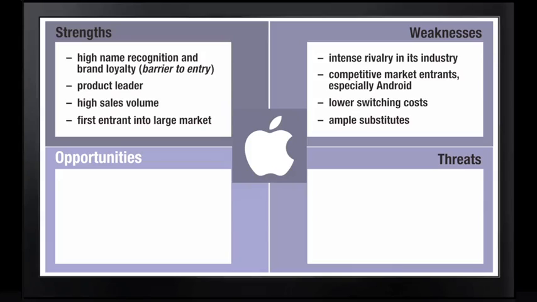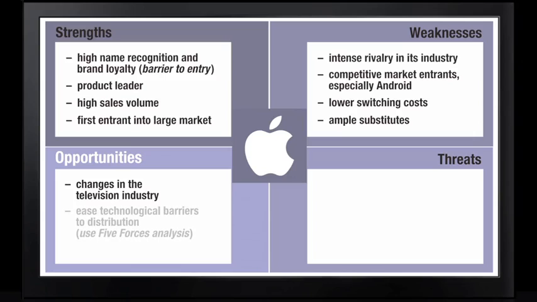Returning to Apple, one of the many opportunities it may be able to exploit involves television. Can Apple encourage and capitalize on changes taking place in the television industry that look much like the changes that took place in movies and music and books? Clearly, this is more than a technological challenge. Apple executives would do well to employ this 5 forces analysis to determine the appropriate response.